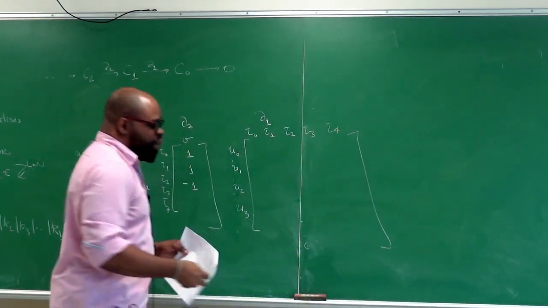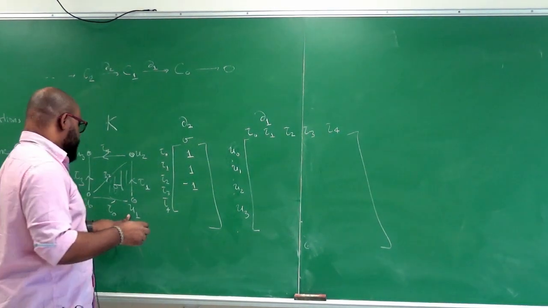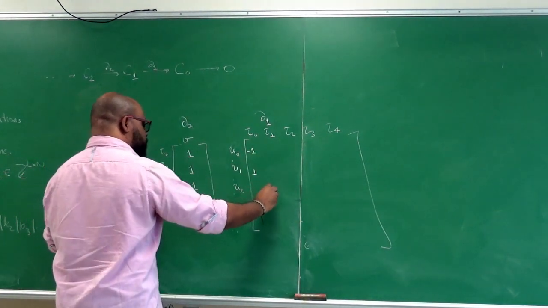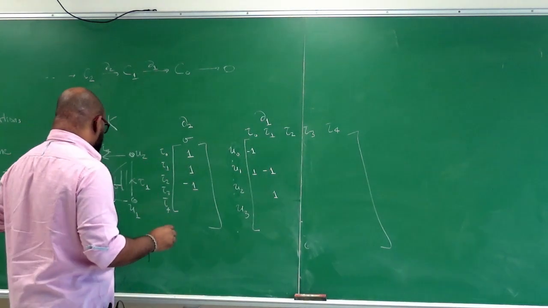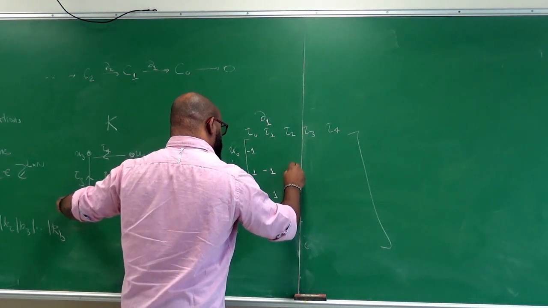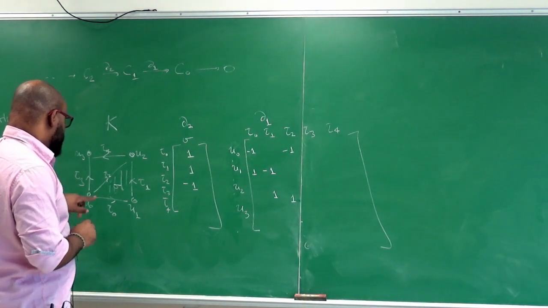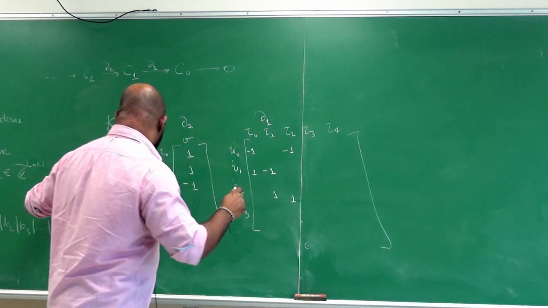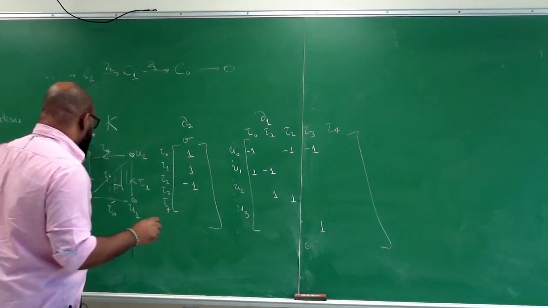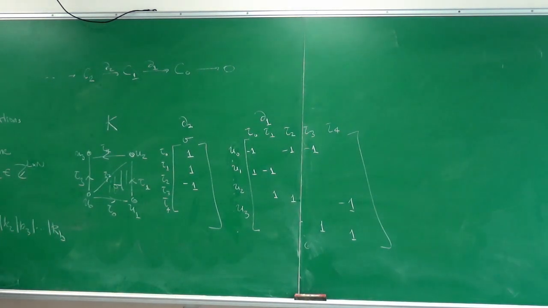Excellent. Now let's compute the boundaries. Tau 0 is 1 minus 0. Tau 1 is 2 minus 1. Tau 2 is 2 minus 0. Tau 3 is 3 minus 0. And tau 4 is 3 minus 2. And then the understanding is that everything else is going to be 0.